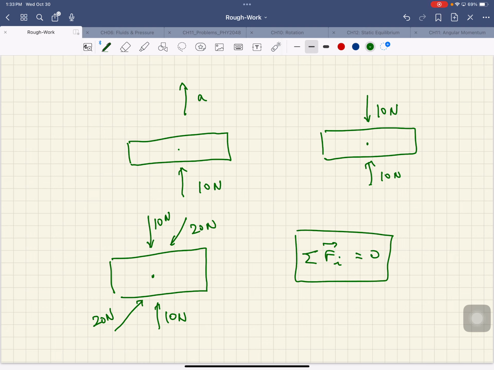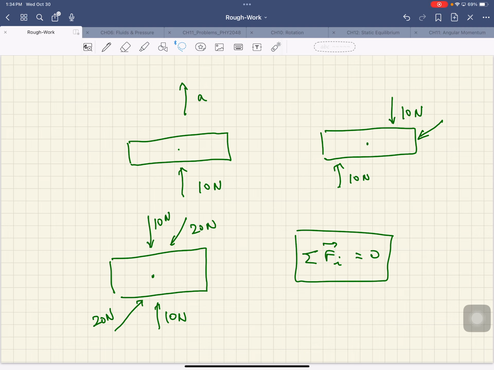Now, for extended objects, when the forces acting do not go through the center of mass. So, for instance, I'll take the same guy. Now, what will happen?